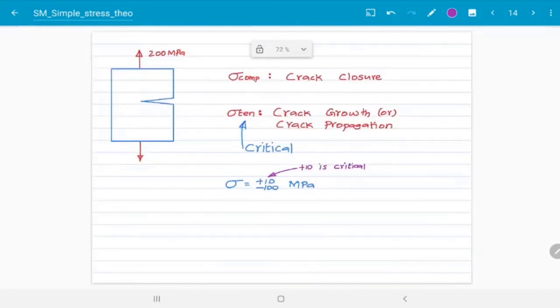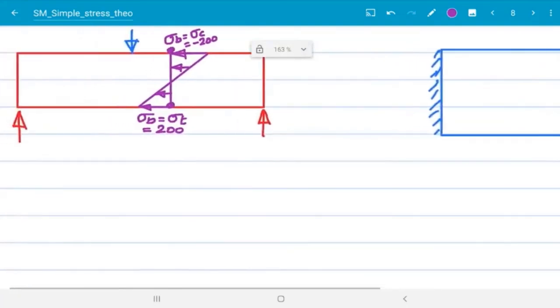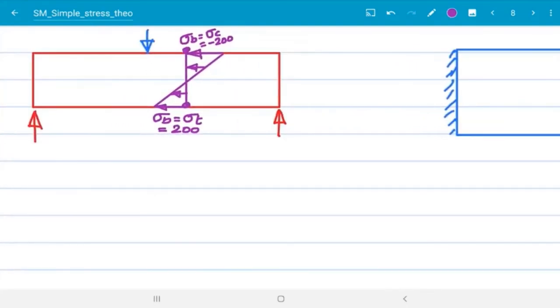Okay, right. So now you are clear about the comparison between tension and compression. Now we will discuss only one thing, then we will stop here. While calculating the bending normal stress, we observe different values at different locations.